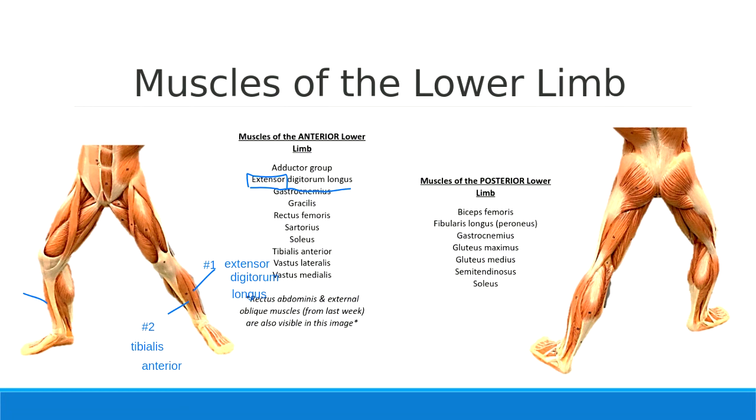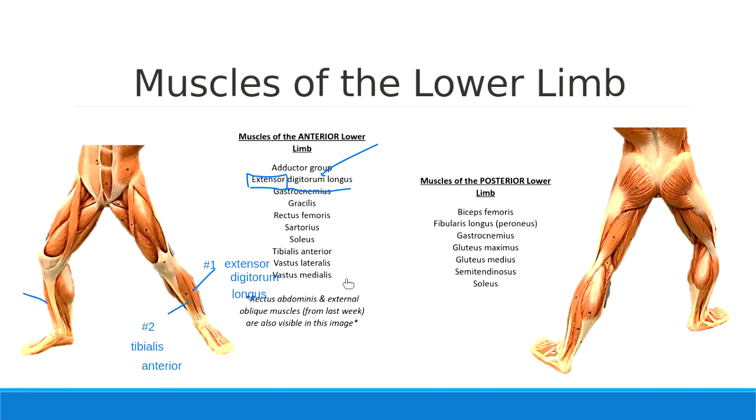This digitorum word means the toes or the digits. So this is a muscle that I find down here in the legs, and its job is to help me control the movement of the toes all the way down here in the feet. It has these little white lines that you see down here in the foot. Those are a lot of the tendons of where it attaches. So extensor digitorum longus is right there next to tibialis anterior.